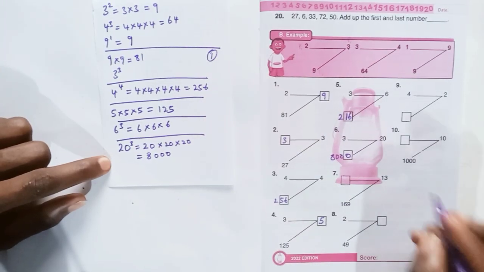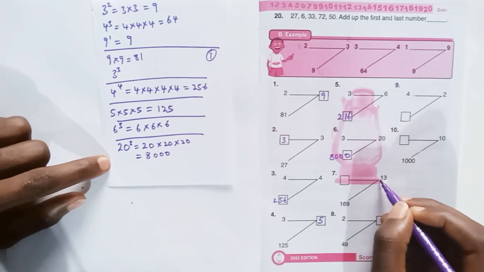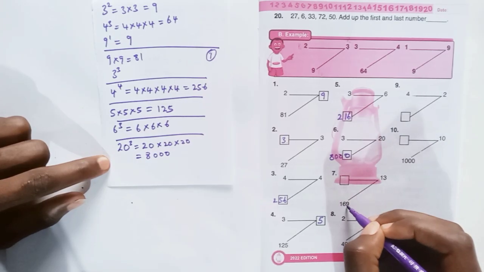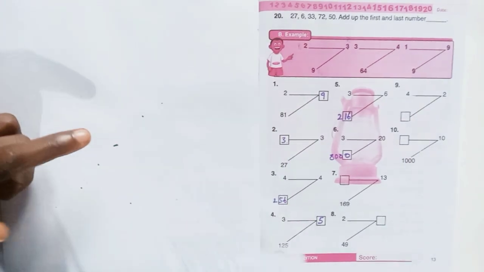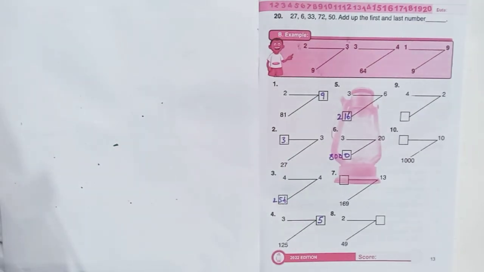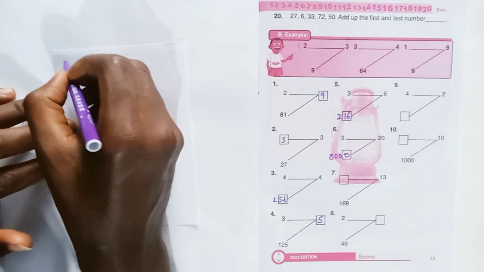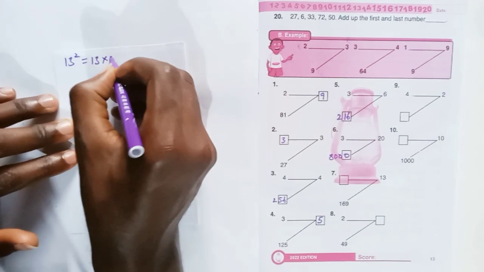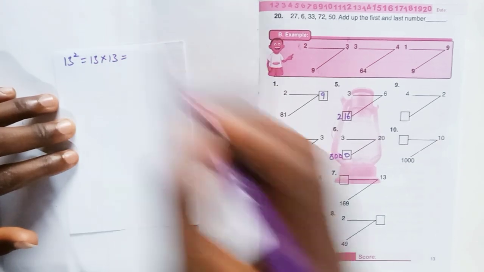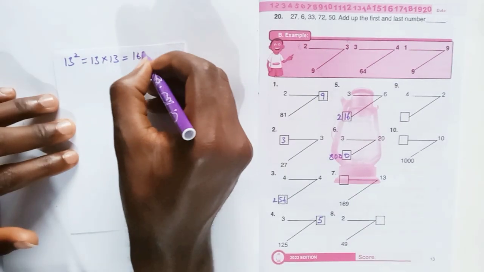All right. Number 7 is 13 raised to the power of what gives 169? 13 raised to the power of 2. So 13 raised to the power of 2, which is 13 times 13, will give you 169.